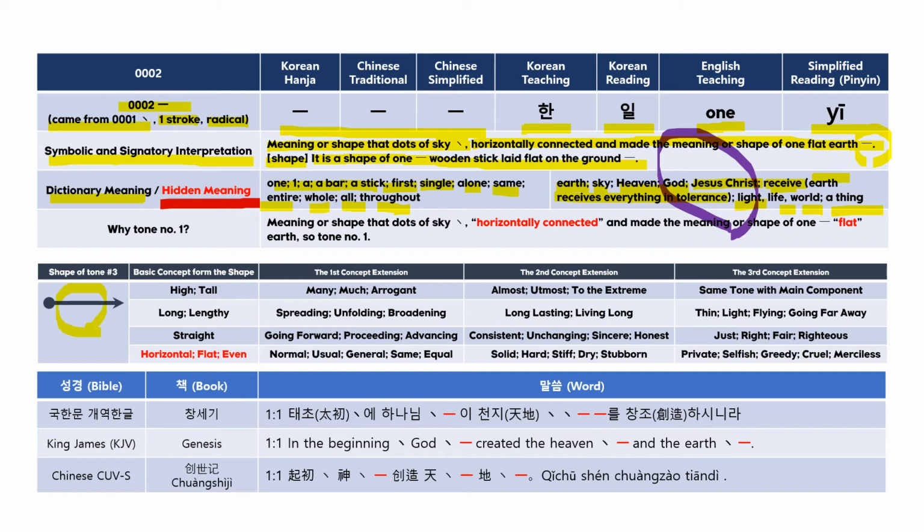And the next issue for Chinese characters learners: why should 1E have the tone number 1 value? It's because its meaning was shaped as dots of sky horizontally connected and made the meaning or shape of one flat earth.